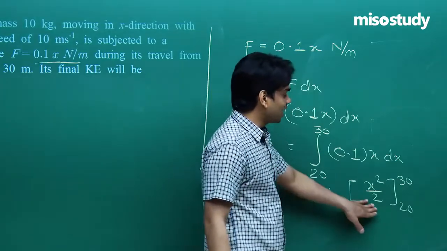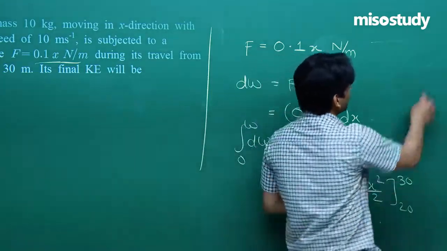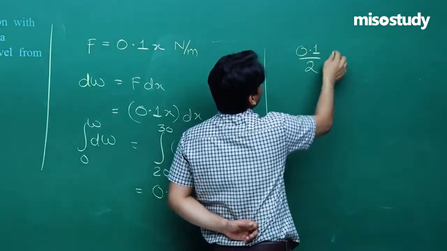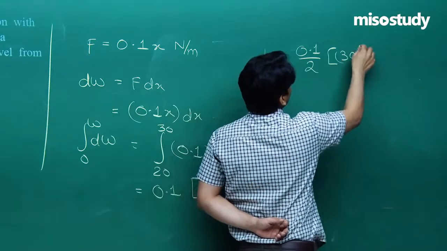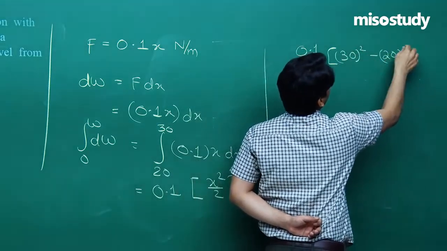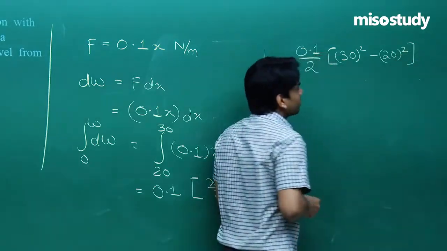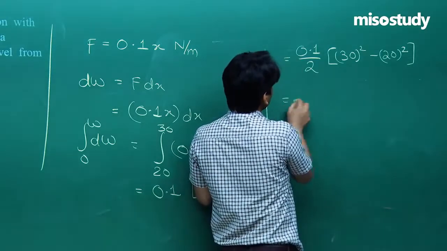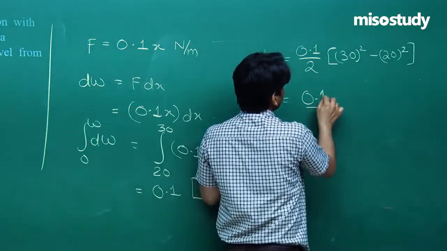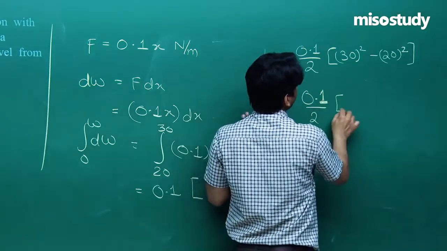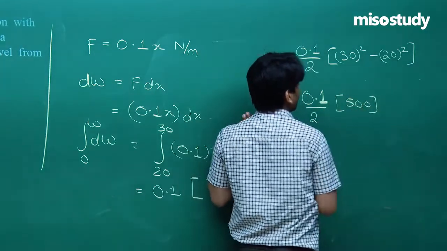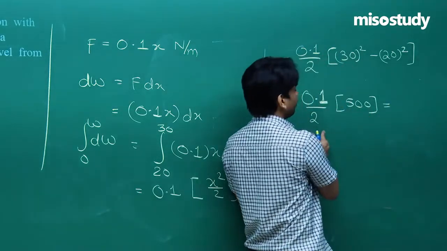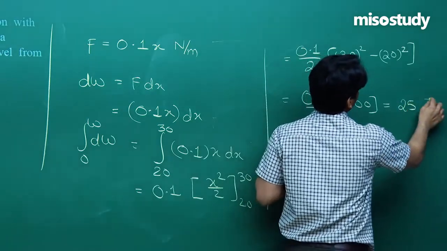I am taking the 2 outside, so we have 0.1 divided by 2, into 30 whole square minus 20 whole square. 30 whole square is 900 minus 20 whole square, that is 400, which gives 500. This comes out to be 0.1 by 2 into 500, that is 500 by 2, 250. Multiply by 0.1, you will be getting 25 joules.